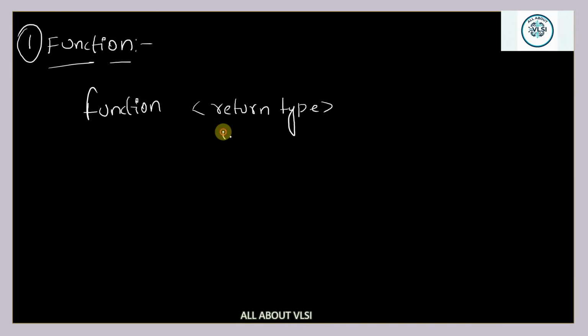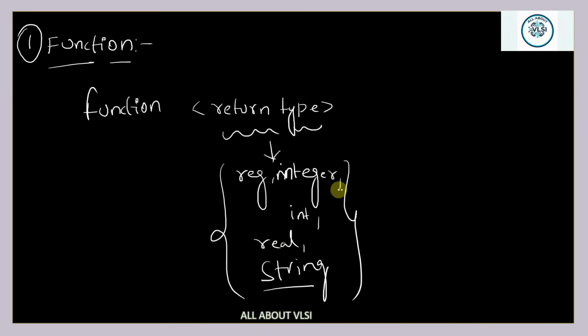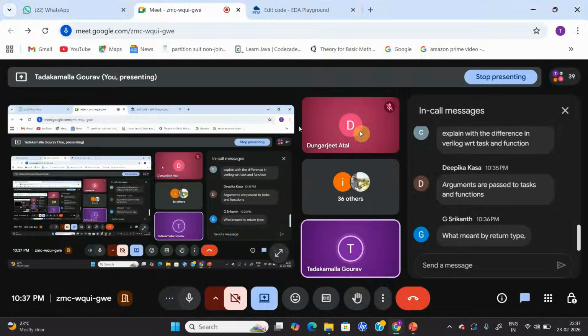The return type can be integer, int, real, or string; it can be any data type. So function, followed by the return data type you need to mention, and followed by input and output arguments if you want, or else you can leave it empty, without declaring any arguments.